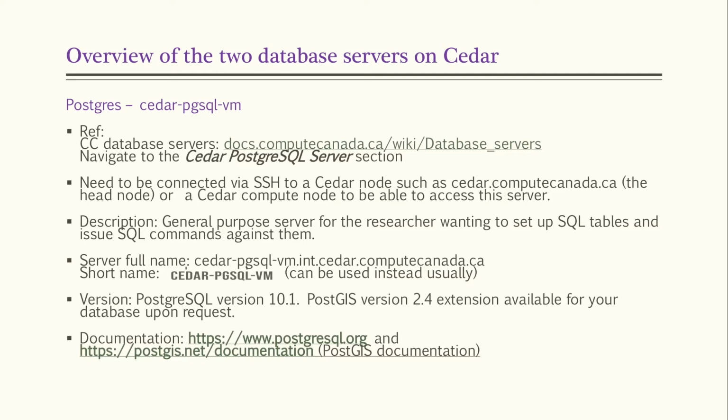The Cedar compute nodes are also able to access the database, but for that you have to submit jobs that will then connect to the database, which allows you to programmatically access our database. This system is a general purpose service for researchers who want to set up SQL tables and issue SQL commands against them.